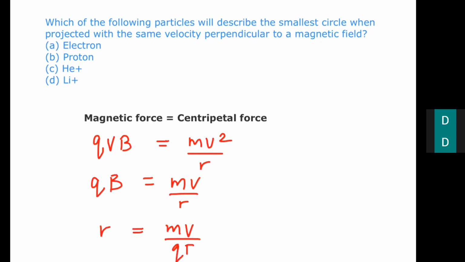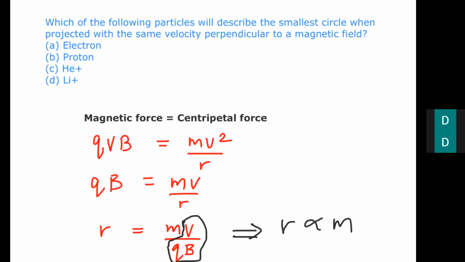Now if we consider that all other parameters are constant, like velocity, charge, and magnetic field, because you can see that in all of these options the charge is -1 or +1, +1, +1, so the charge is constant for all these options. From that we can identify that r is proportional to m.